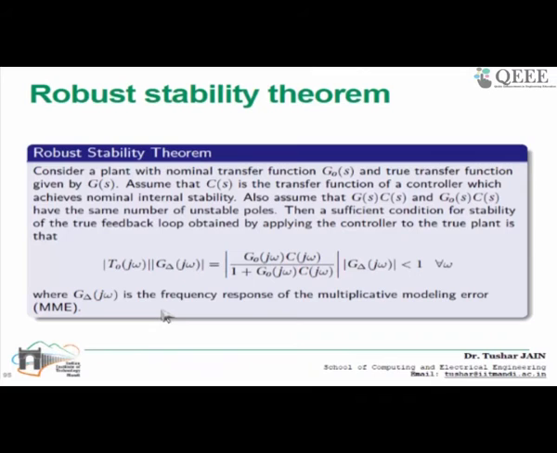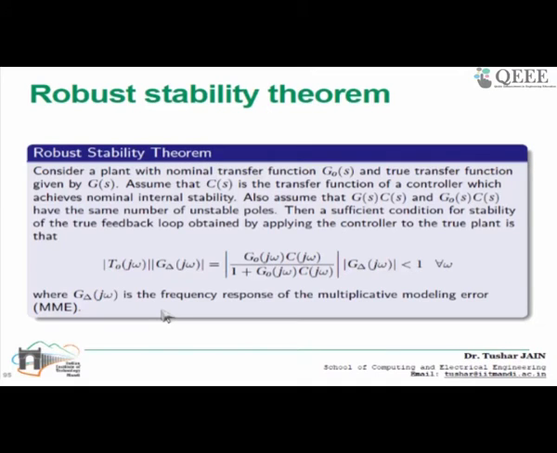So now the main theorem comes, which says: consider a plant with nominal transfer function G naught of s and true transfer function given by G of s. Assume that C(s) is the transfer function of a controller which achieves nominal internal stability. We have seen the stability conditions for the nominal internal stability.